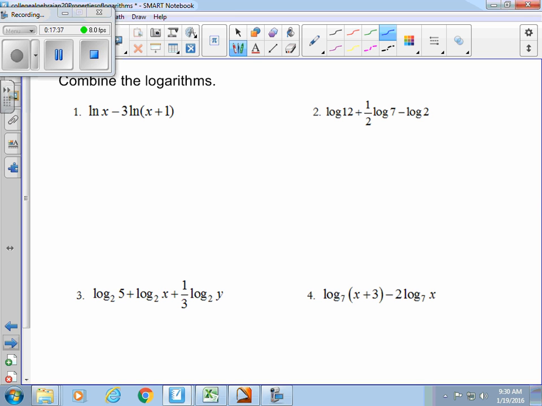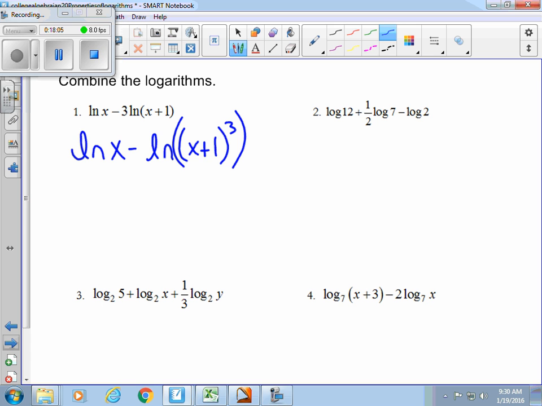So step 1, get rid of the number in front. Change it to be an exponent. It does go with both the x and the 1, x plus 1 cubed. And I cannot distribute that as you learned with properties of exponents. You cannot distribute an exponent over a plus sign. You can over multiplication, but not over plus sign.